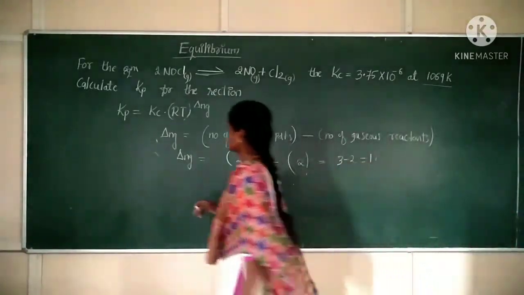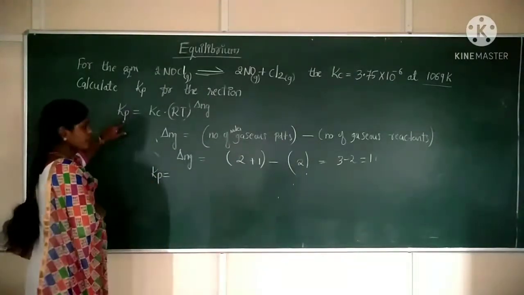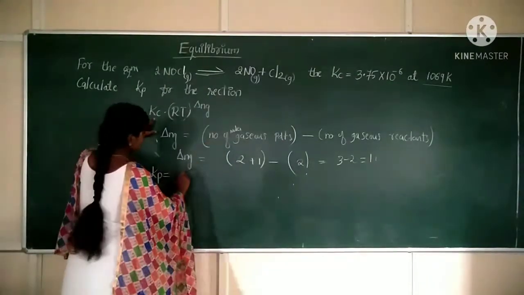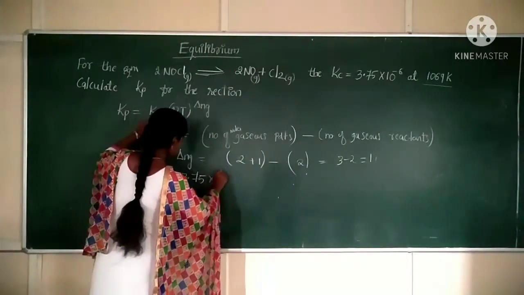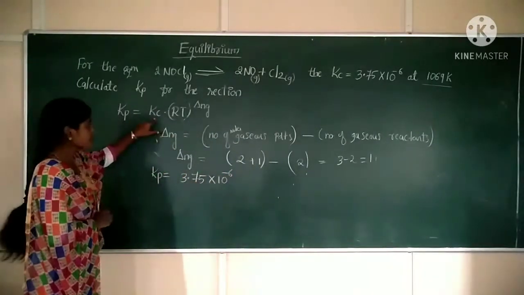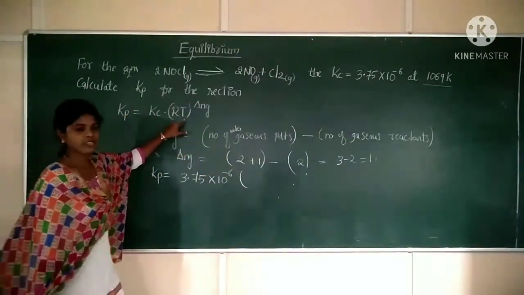Now substitute the values. Kp equals Kc value, 3.75 × 10^-6. Clear? Now R value is what? Universal gas constant.